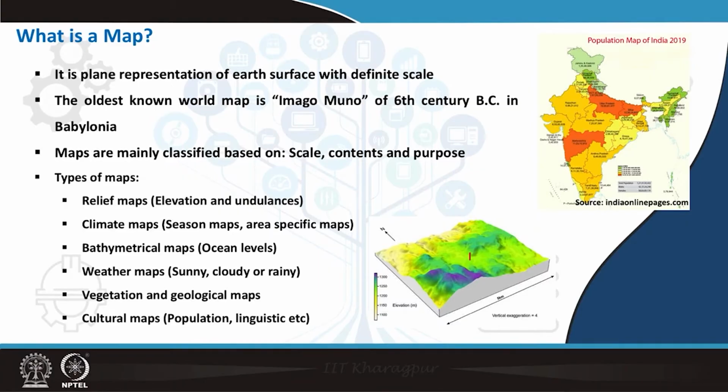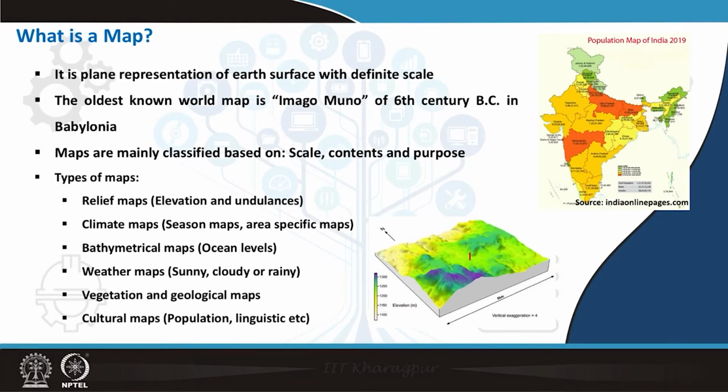This particular one is an elevation map or a relief map, which shows that this particular region has a higher elevation. These are the higher elevations and these are the ones with lower elevation. You can see the scale here. For example, here it is 1100 meters, the white regions. Then you have yellow, which is 1160 meters, and then dark blue, which is the highest point in this map, 1300 meters above mean sea level.